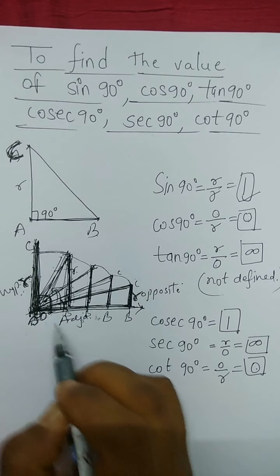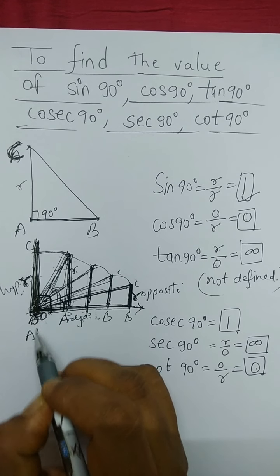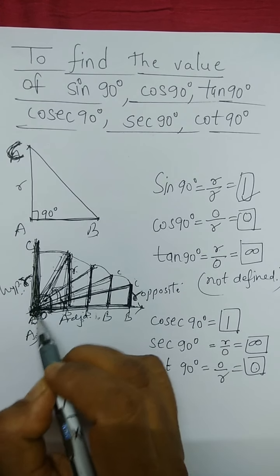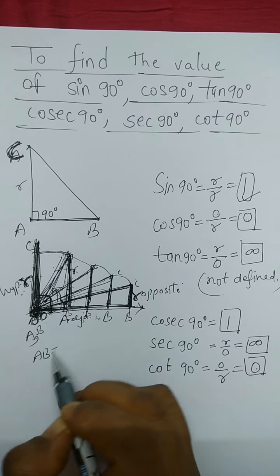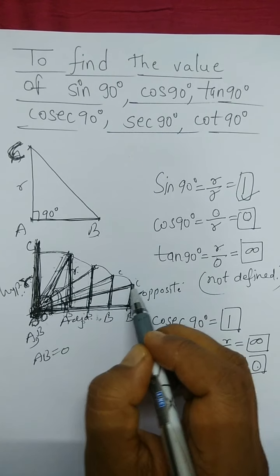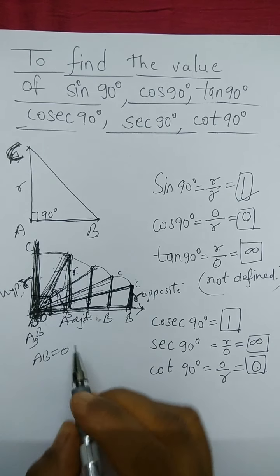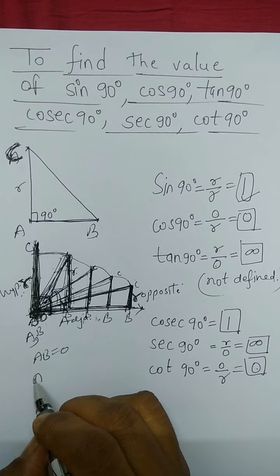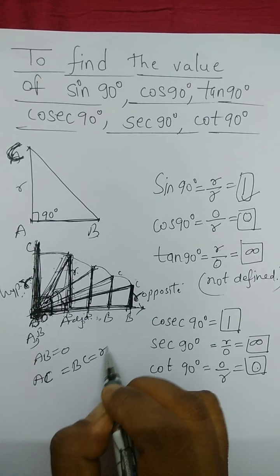So B point will coincide with the point A. Then AB value will become 0, and opposite side and hypotenuse will both be coincident at 90 degree angle. So both their values, AC and BC, I am taking as R.